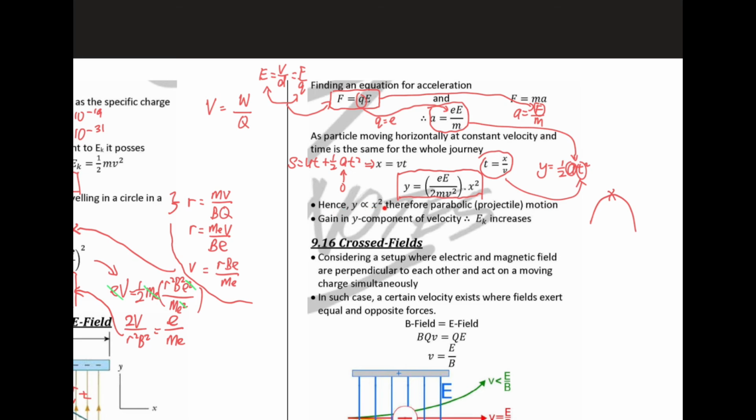Hence y is proportional to x squared, therefore parabolic or projectile motion. Gain in y component of velocity, kinetic energy increases. So that means in terms of the vertical direction, the velocity is increasing, so kinetic energy is increasing. That is for the vertical component.